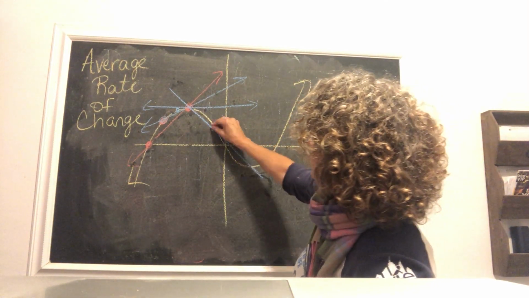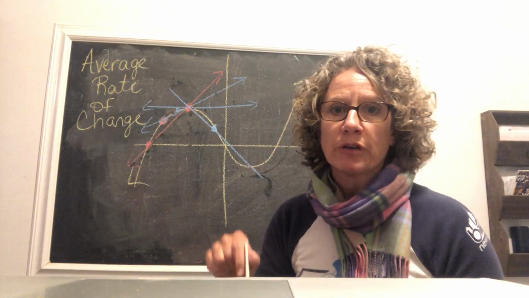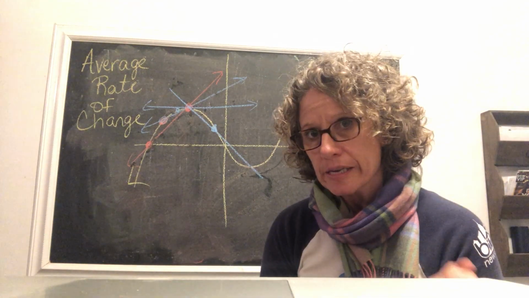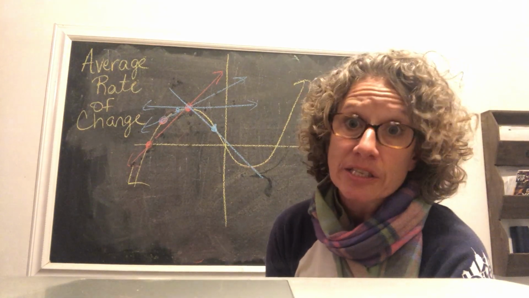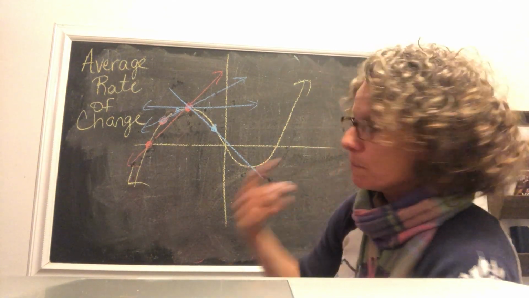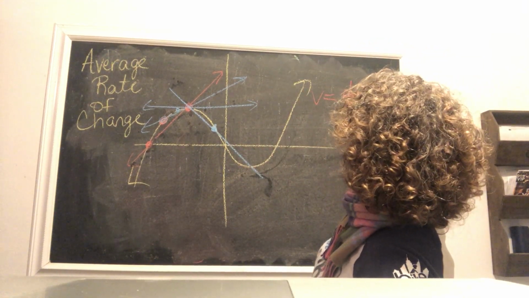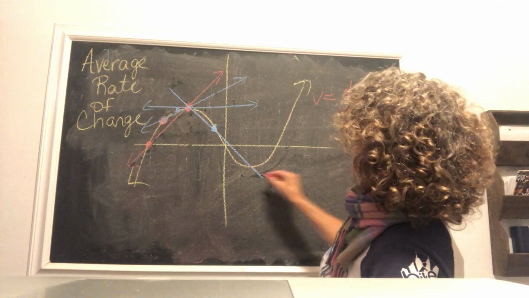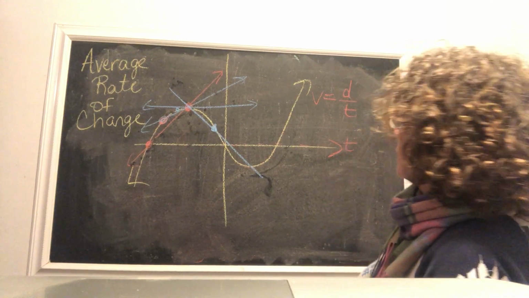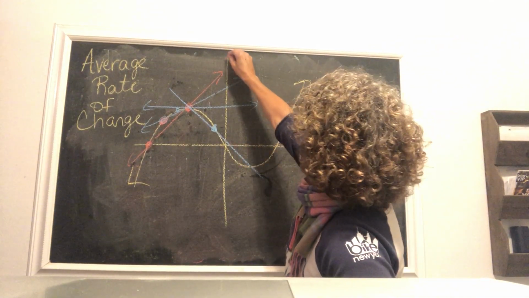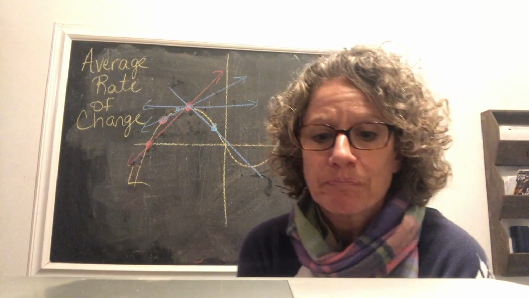Now, this important concept comes into play in both calculus and physics. So if you're currently taking physics with Algebra 2, you can relate this to the velocity graph. So keep in mind, the velocity of a function is the ratio of the distance divided by the time. If my x-axis was my time and my y-axis stood for the distance, the ratio of the distance to the time is what's known as the velocity.